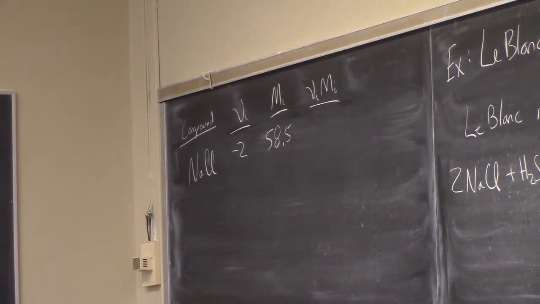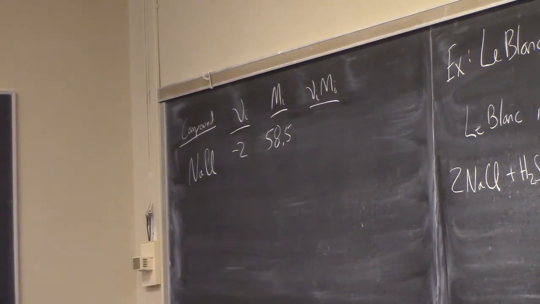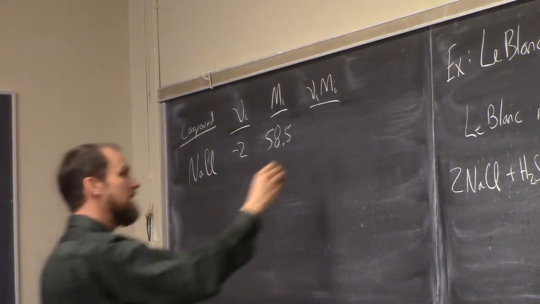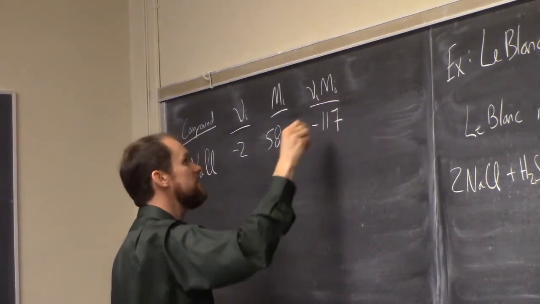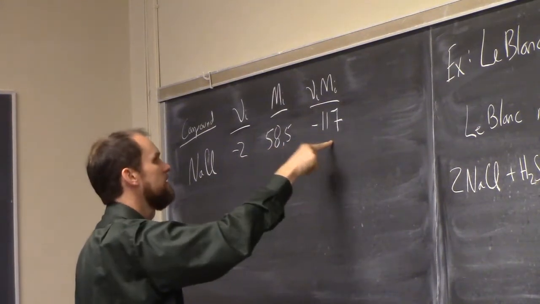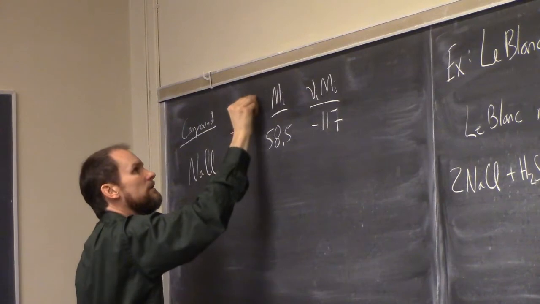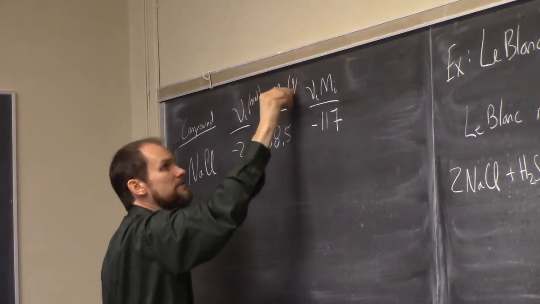What's even quicker than that? Right, and then the product of that would be minus 117. What's the units of 58.5? Grams per mole. And so the units of this? Grams, because this is going to be mole times grams per mole.